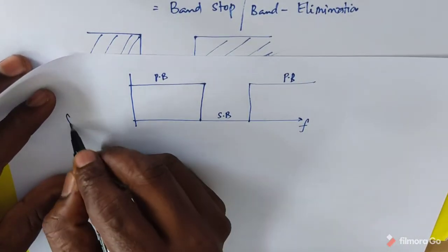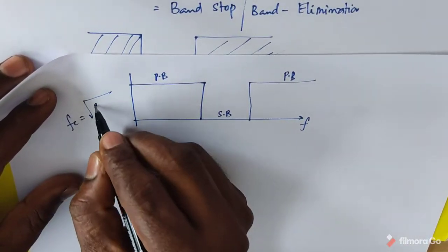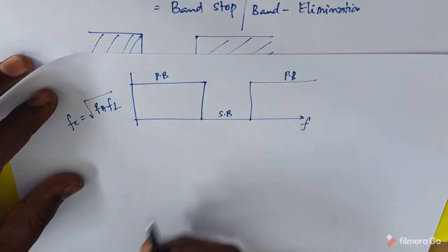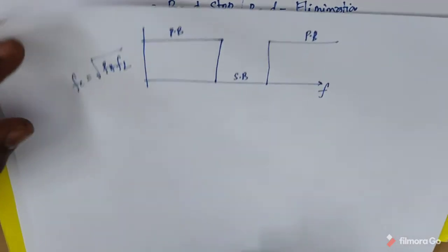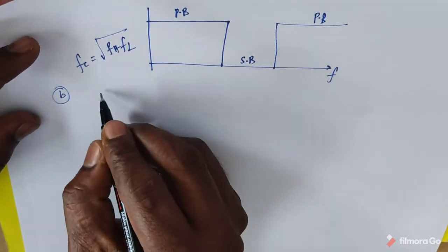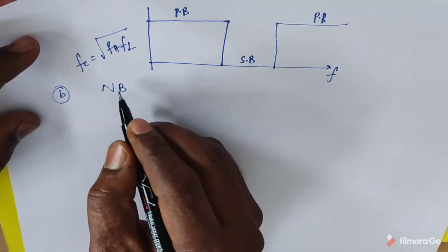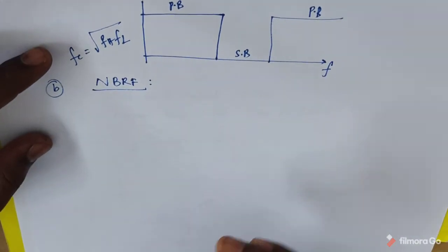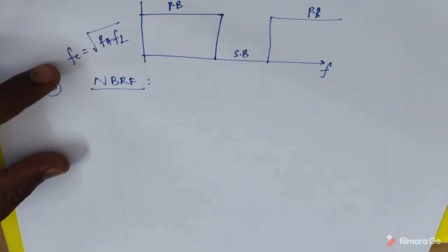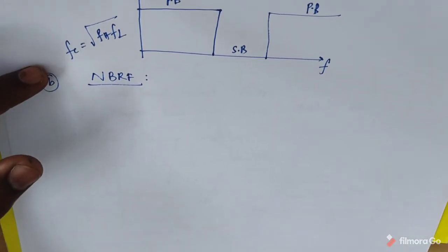The cutoff frequency can be represented as the root of FH and FL value. And this is the actual wide band reject filter, and the second one is the narrow band reject filter. Simply, that type of expressions can be represented as this.